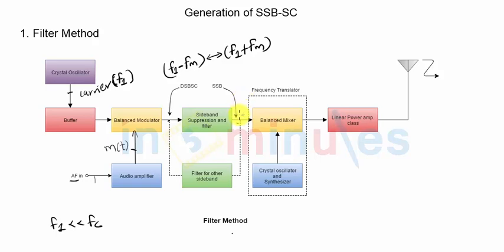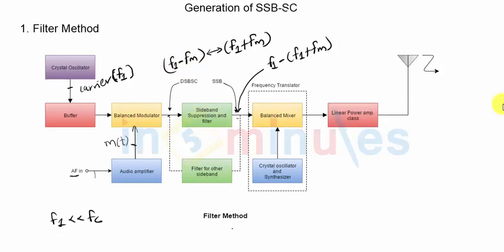So if I get the upper sideband at the output of the first filter, its frequency range will be from F1 to F1 plus FM. The other side, from F1 to F1 minus FM, which is my lower sideband, is suppressed by the filter. You can see there is only one sideband available at the output of the filter.